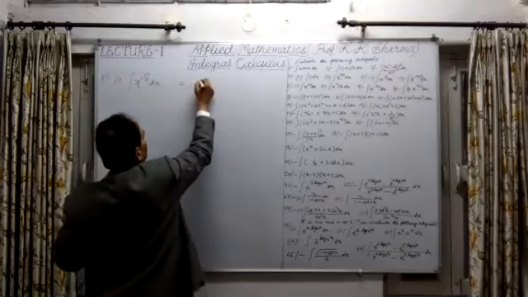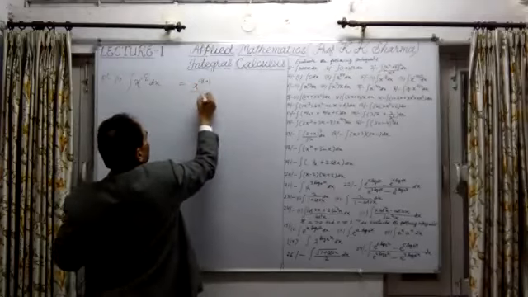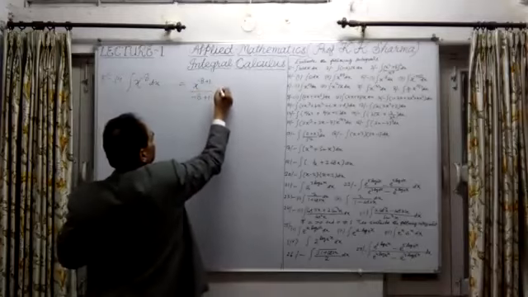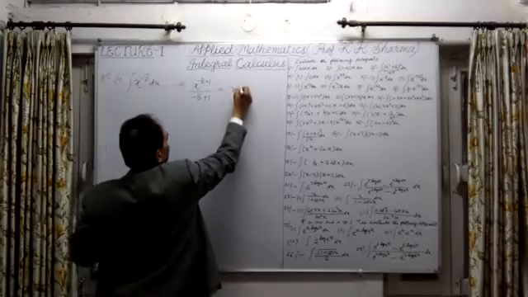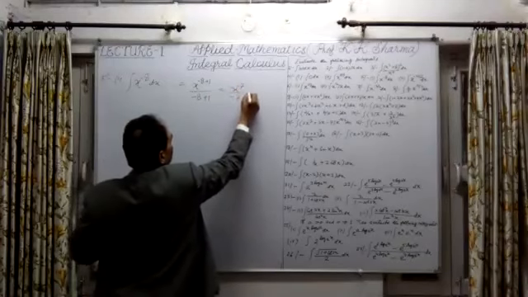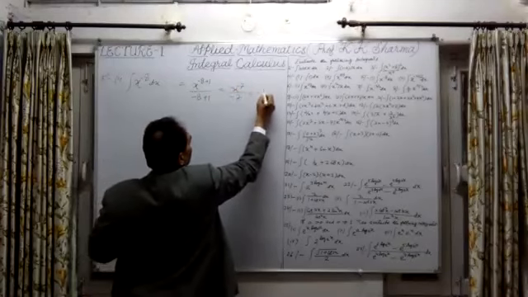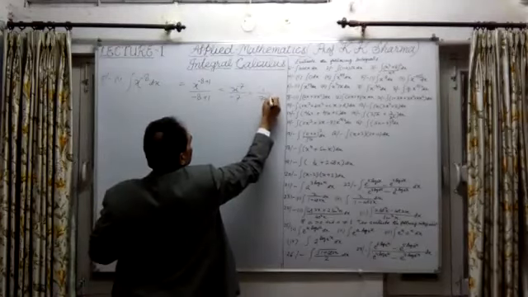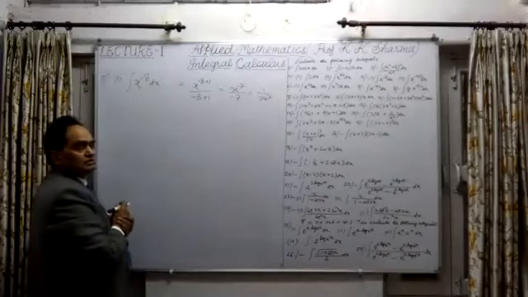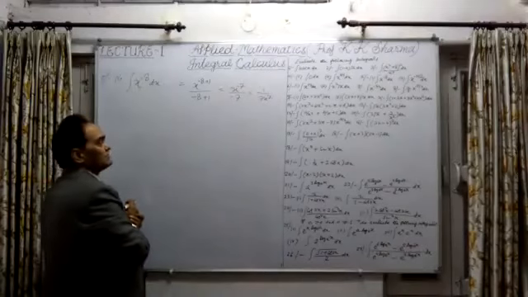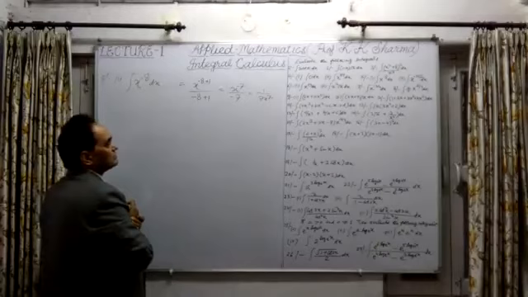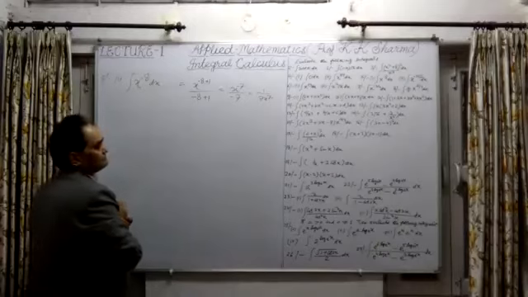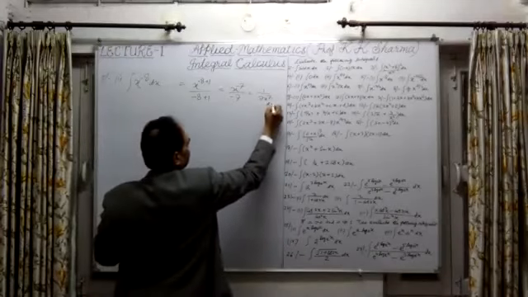Similarly, this is x raised to the power minus 8 plus 1 upon minus 8 plus 1. This is x raised to the power minus 7 upon minus 7, which is equal to minus 1 upon 7 into x raised to the power 7. This is the answer of this question.